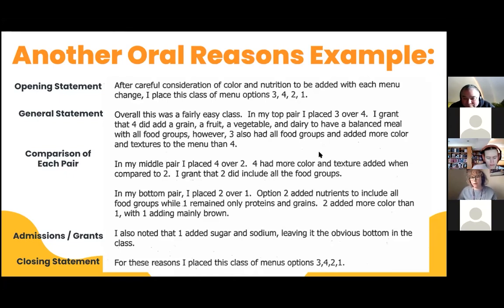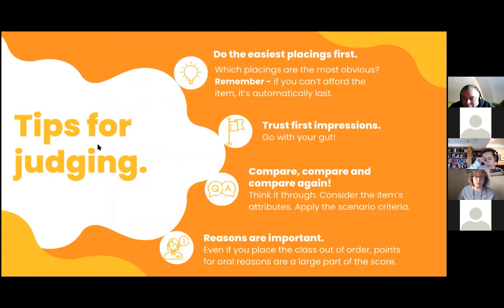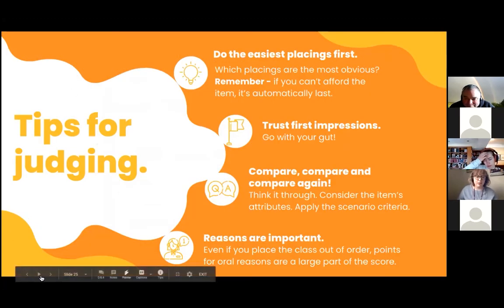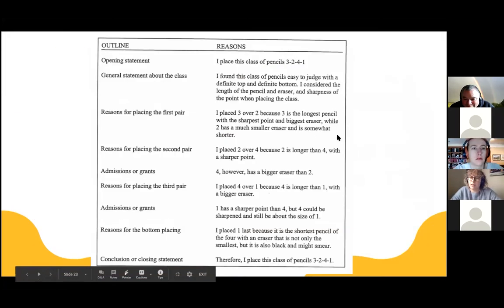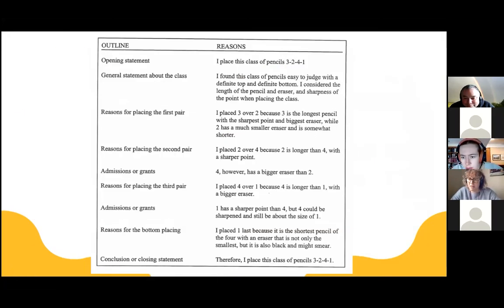When we talk about the reasons, we can just go back here. They do talk about the item that's placed lower in the pair negatively, versus saying, okay, I placed 3 over 2 because 3 is the longest pencil with the sharpest point, biggest eraser. It was obviously immaculate, a perfect, brand new pencil.